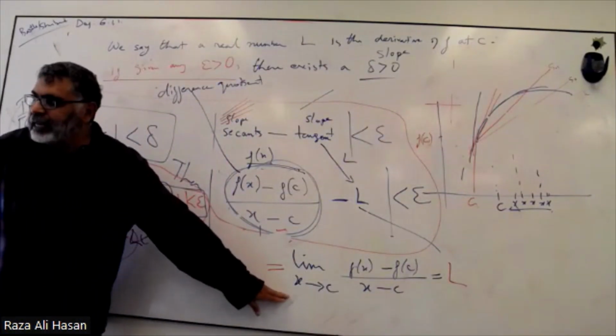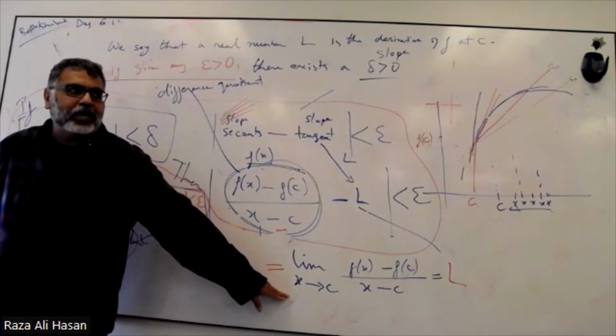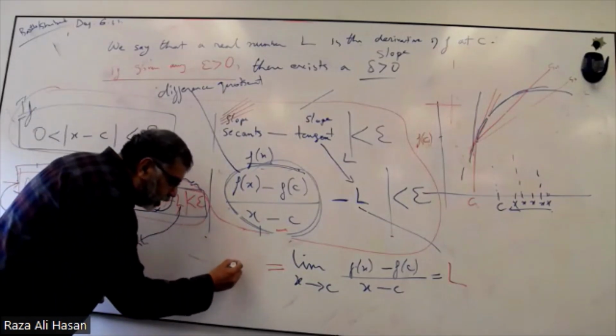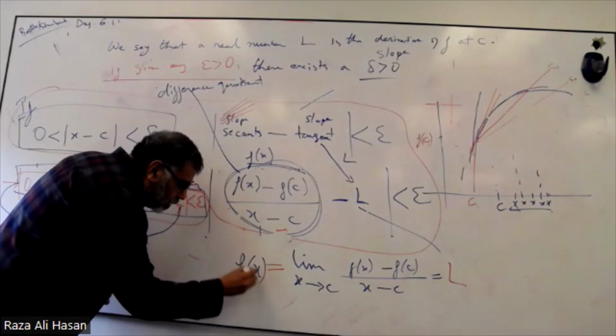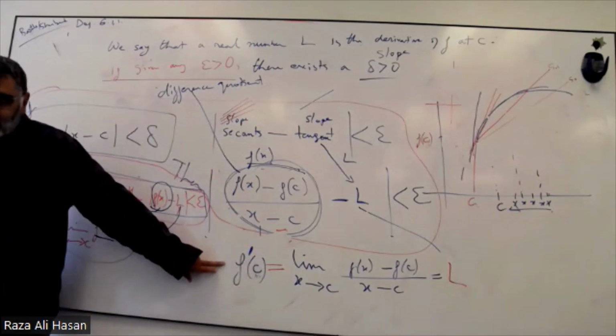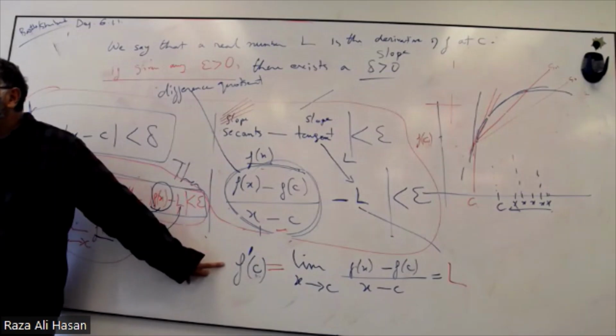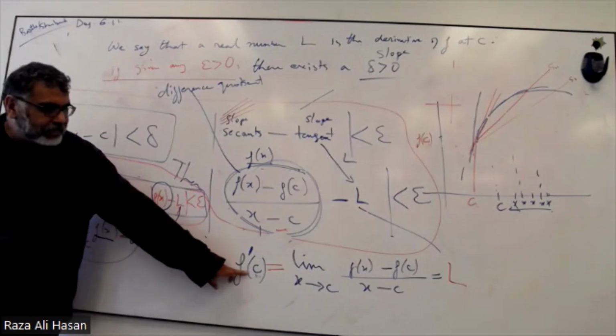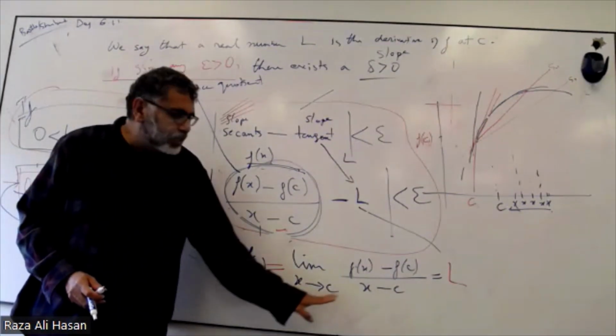So what is this thing here? For the non-STEM people, keep a look here. What does this say? The derivative of f at c equals the limit of the difference quotient.